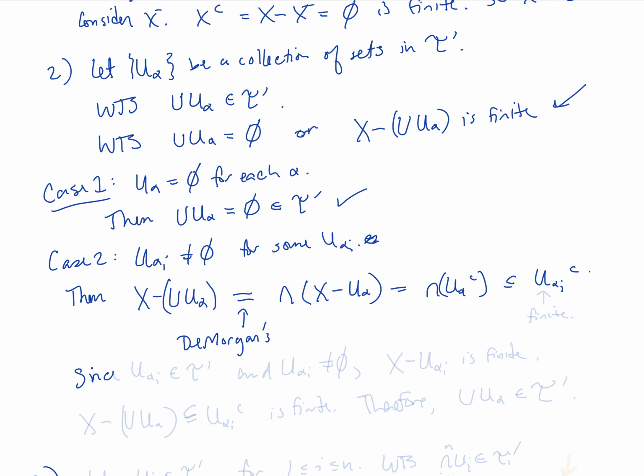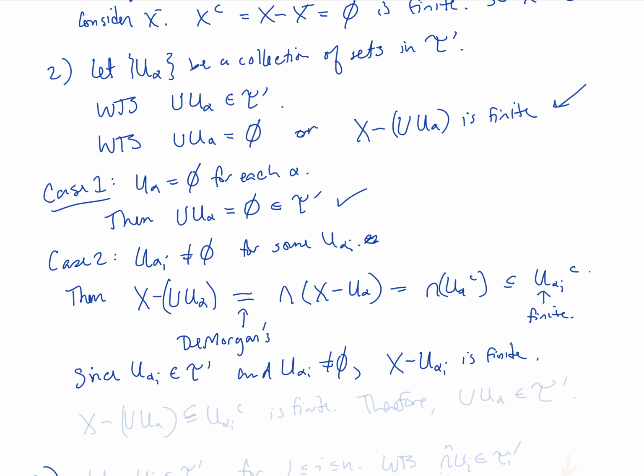So since U sub alpha i is in tau prime and is not equal to the empty set, the definition of being in tau prime is either it's the empty set or its complement is finite. So X minus U alpha i is finite, and therefore this is finite.